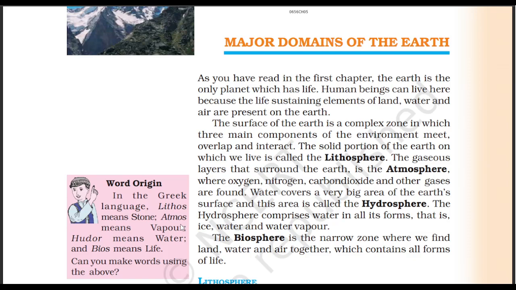The gaseous layer that surrounds the earth is the atmosphere, where oxygen, nitrogen, carbon dioxide and other gases are found. It is the hollow area surrounding the earth, from which we can see the sky, or through which we can see the universe by telescope.